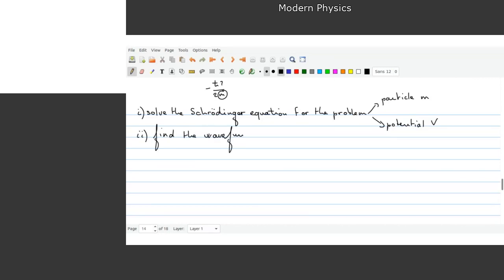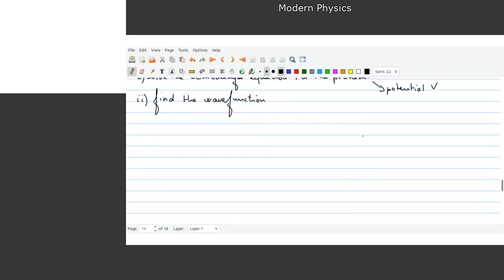And actually, it will mean that you will find something more interesting. You will find its energy. You will find the wave function. And so what kind of information can you extract from this wave function?